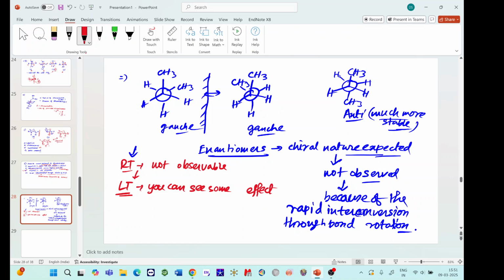So at low temperature you freeze that bond, it cannot rotate. So if it is at some moment in a configuration where it can show some chiral activity, then you can see it. And how can you observe it? What measurements can you do? Obviously polarimetry. Along with that you can do NMR, XRD, these things at low temperature to get information.